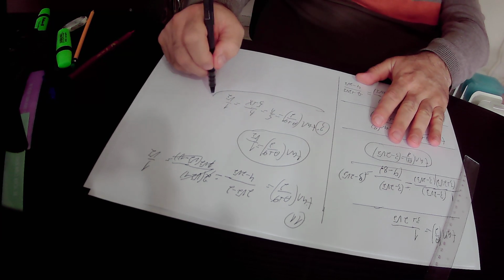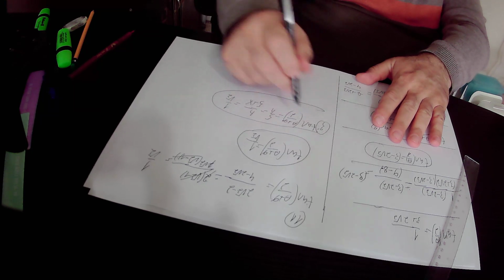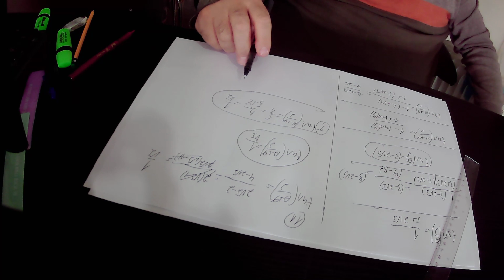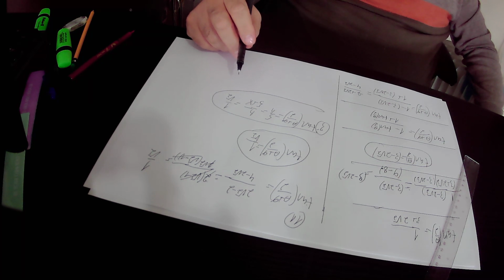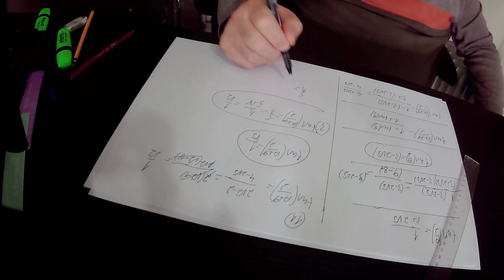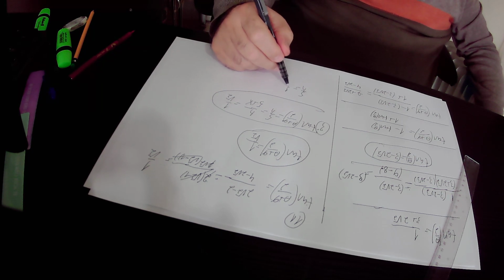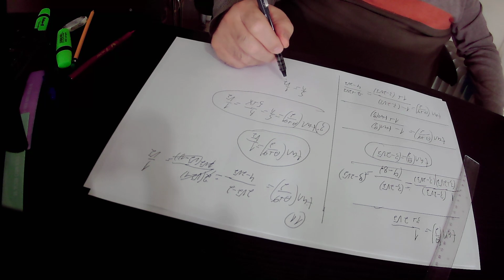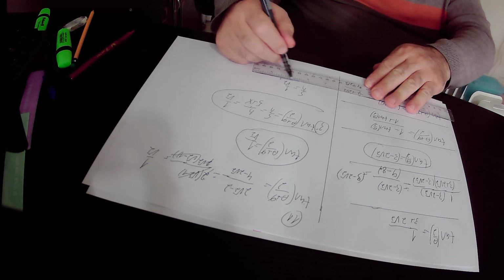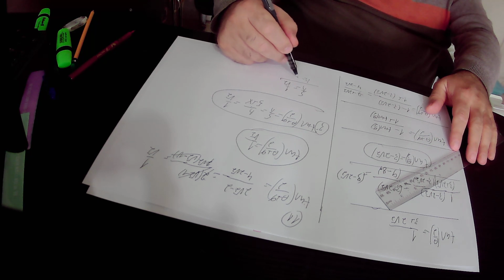So here we create the first equation. From equation number 3 we derive that 5 over h equals 1 over square root of 2. Here we cross multiply and we get that h equals 5 times square root of 2.